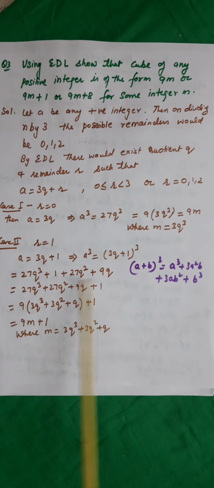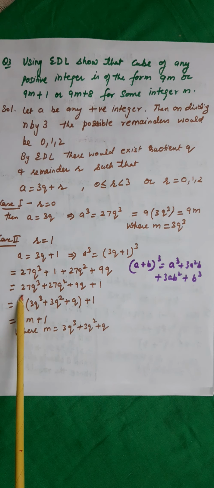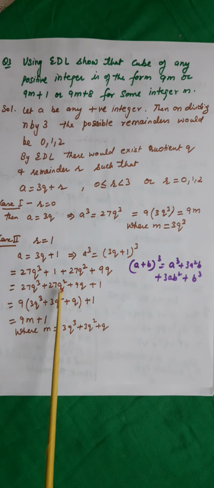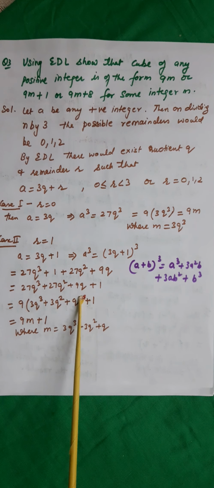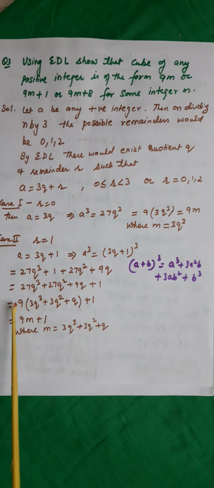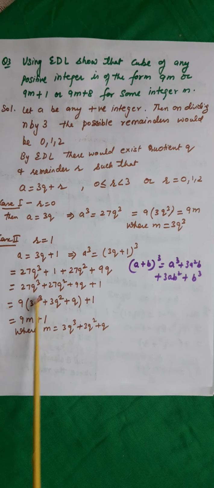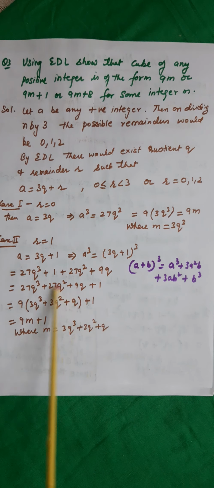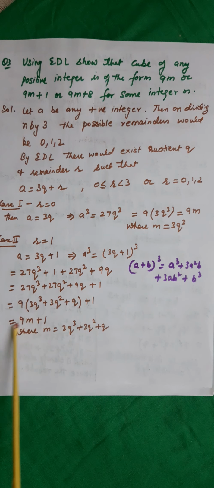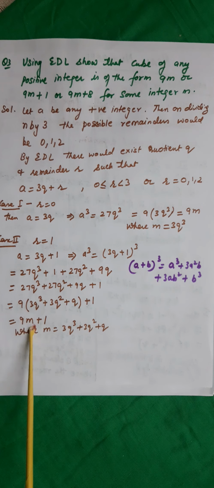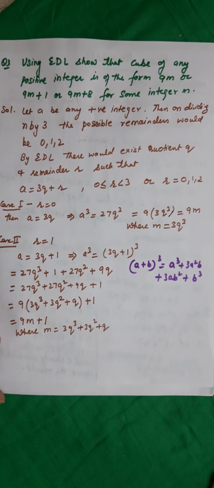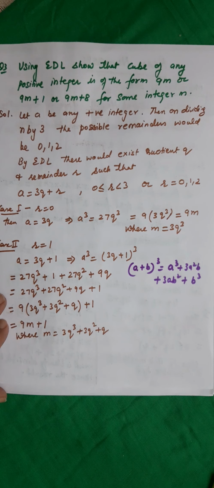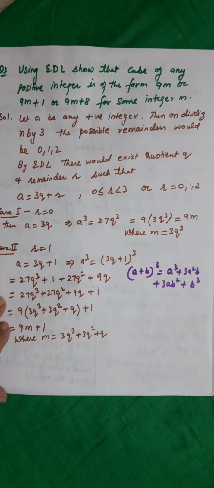So this can be rearranged and written like this: 27q cube plus 27q square plus 9q plus 1. That means 9 times (3q cube plus 3q square plus q) plus 1. If I replace this by m, I can write this is equal to 9m plus 1, where m is equal to 3q cube plus 3q square plus q.